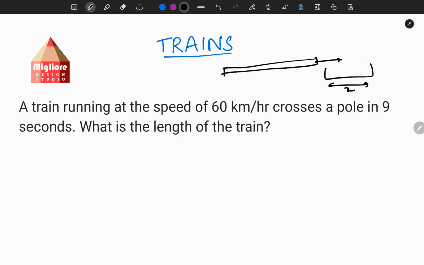That is a wrong mentality. You also need to take into consideration the last point. The last point will take as much distance, so the longer your train is, the more distance the train would have to cover to actually cover an entire distance of whatever, as opposed to it just being a single point.